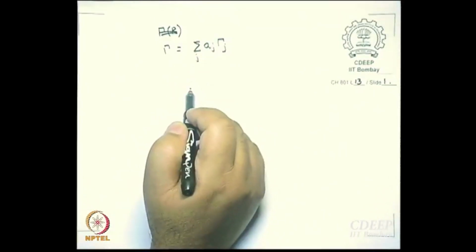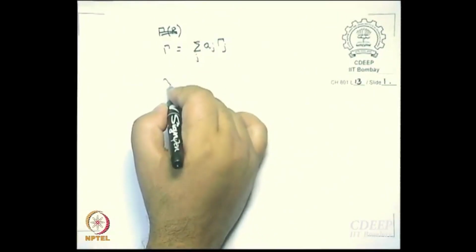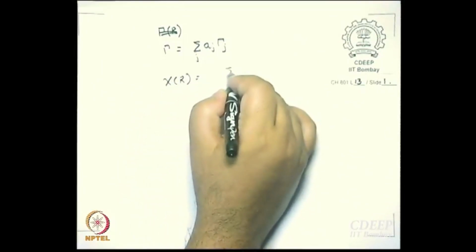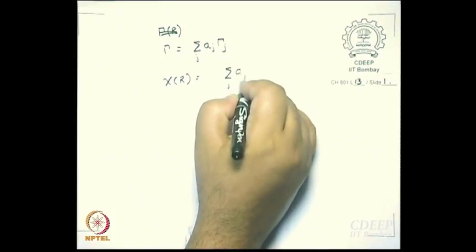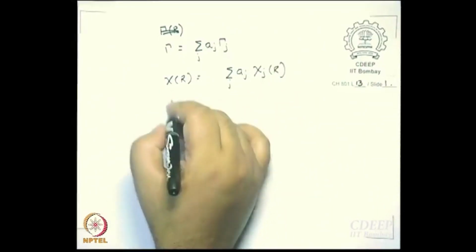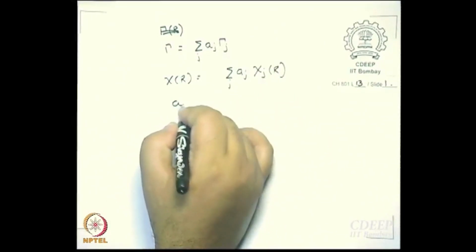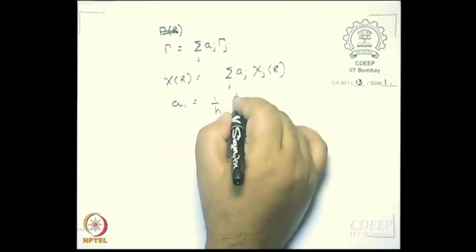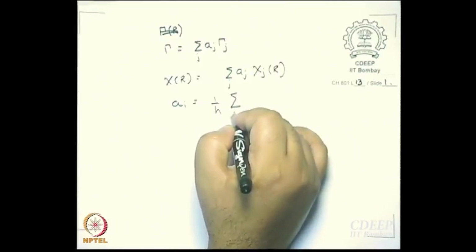So if this is the case, what we said is that chi of r will be equal to the sum over j of aj chi j of r, and hence what we found was ai is equal to 1 by h times the sum over r of chi of r, chi i of r.